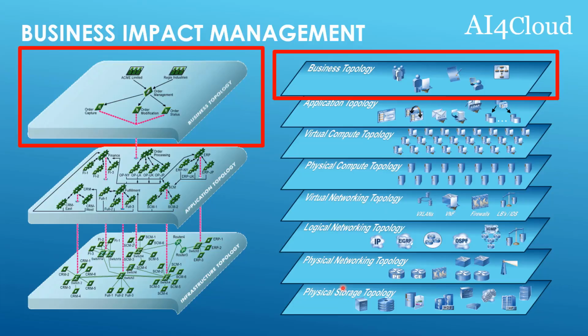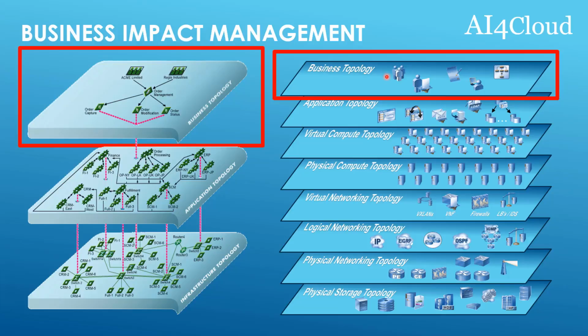And all of this underlying infrastructure, at the end of the day, subtends the physical compute layer that comprises all of the virtualized compute layer that supports the application topology that ultimately supports the business functions.